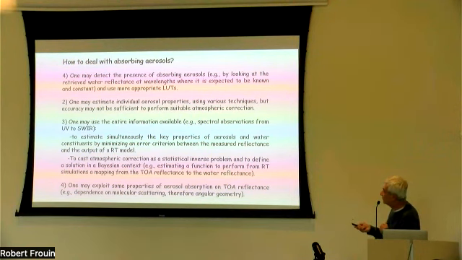So this is what we can call a deterministic inversion model, but you have also statistical approaches that allow you to basically map the top of atmosphere reflectance to the water reflectance.